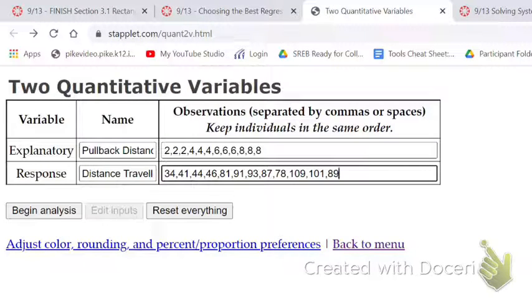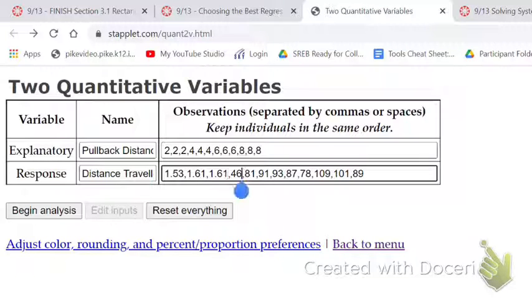I need the log of 34. 1.53. I need the log of 41. 1.61. The log of 44. 1.61 again.